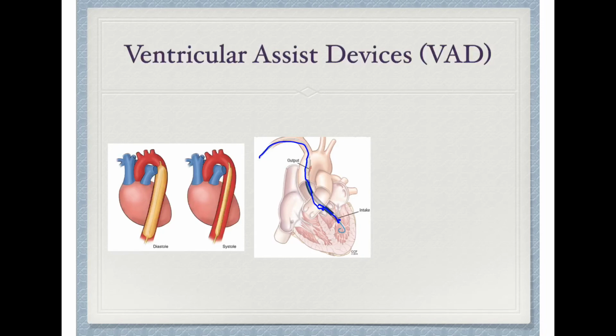It pulls blood inward from the left ventricle and then pushes it out directly into the aorta, completely bypassing the need for ventricular contraction. It's able to take over essentially all of the workload of the left ventricle, and as such, the patients with this device don't have regular pulses, since the blood is continuously being pumped from the ventricle into the aorta.